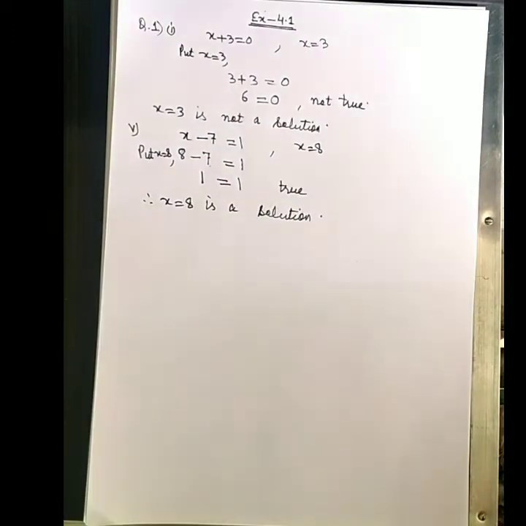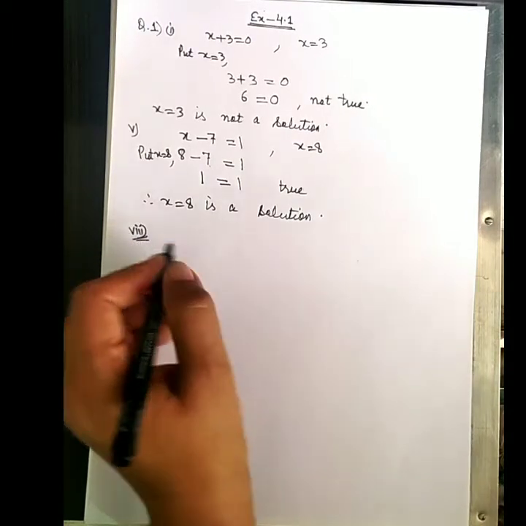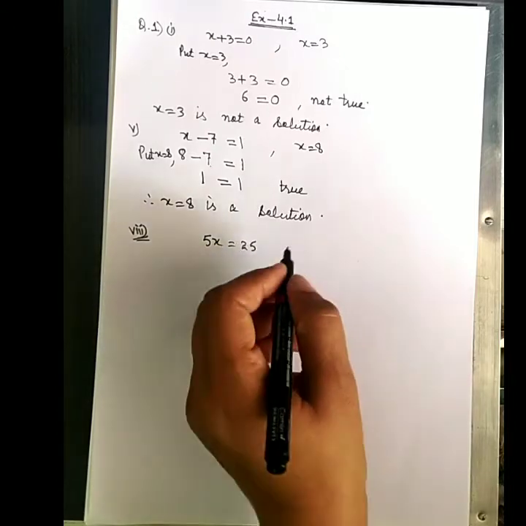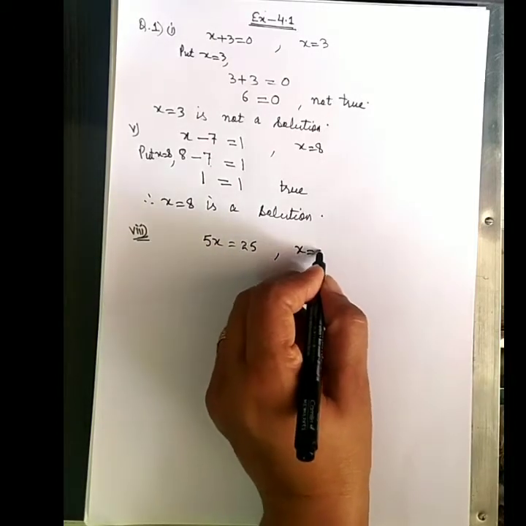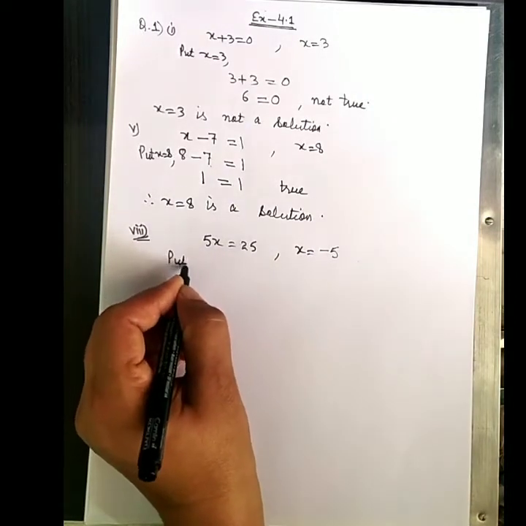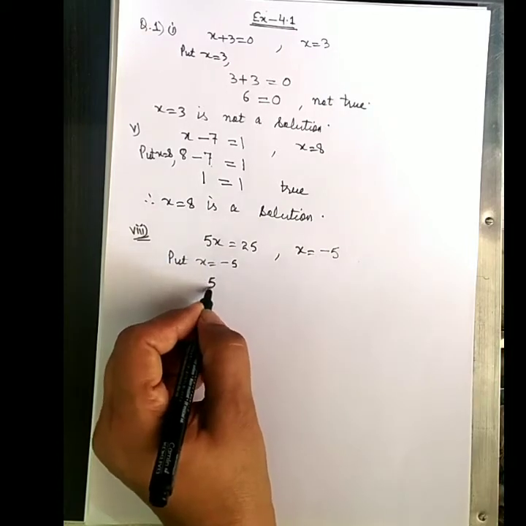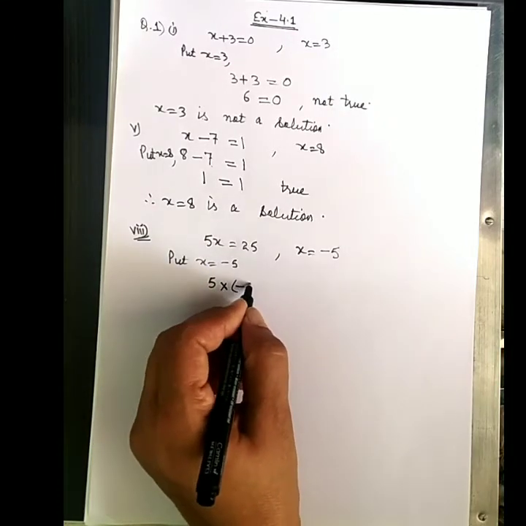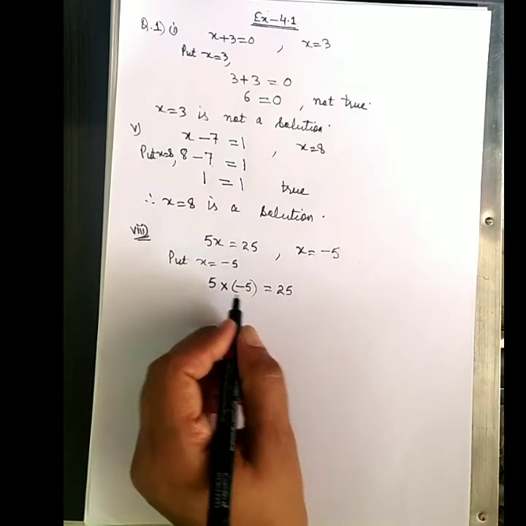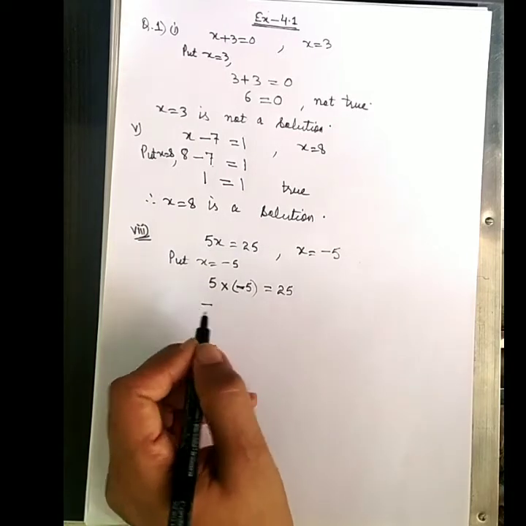Now come to the 8th part. 5x is equal to 25 and the value of the variable is minus 5. So put x is equal to minus 5. It will be 5 into minus 5 is equal to 25. 5 into 5 is 25, but the sign is minus.